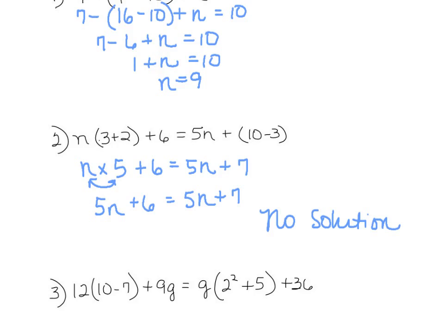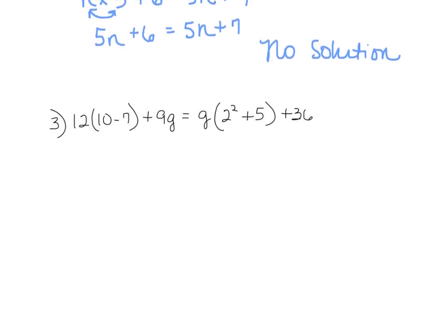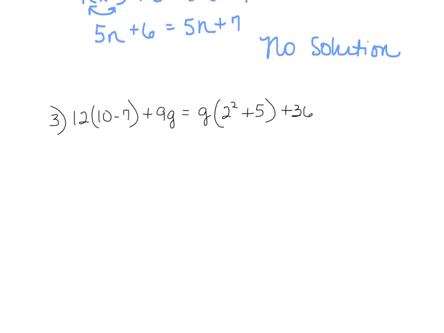Okay? Now let's move on to number 3. 12(10 - 7) + 9g = g(2² + 5) + 36. Let's work on the operations within parentheses, simplify as much as we can, and see what we have here.